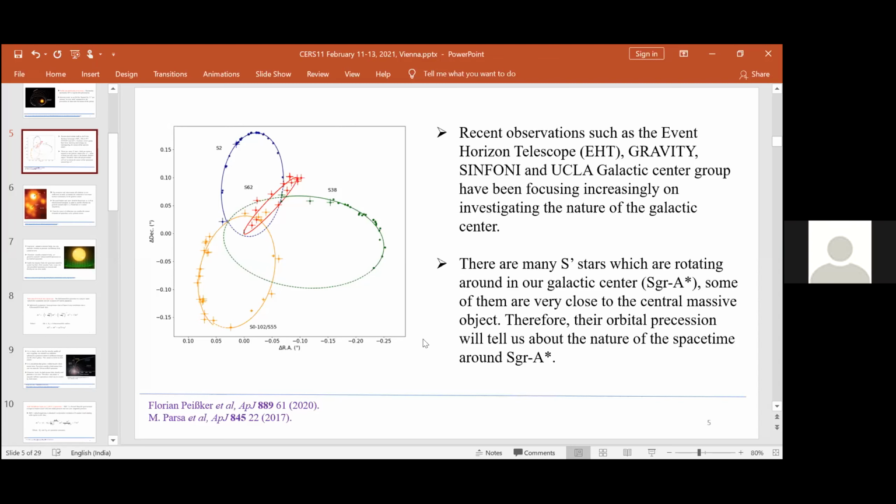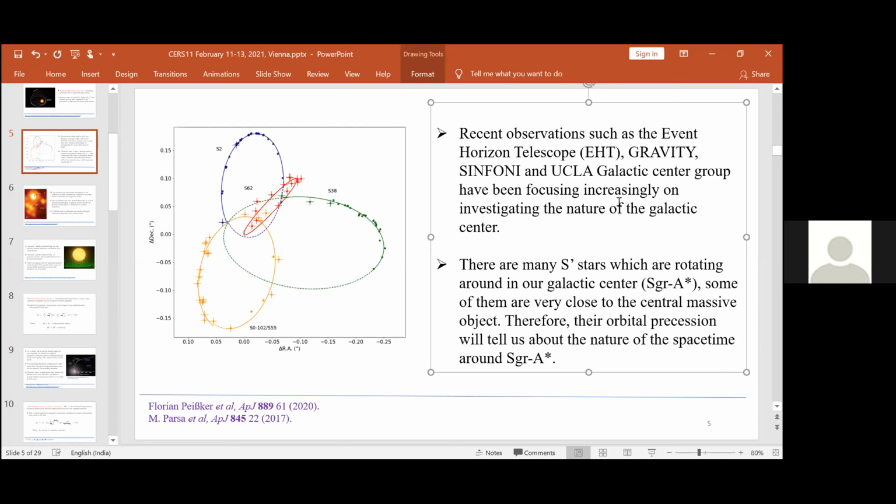Yes, probably the observation will give the rotation parameter. For Sagittarius A star at the galactic center, of course there must be some rotation. It is not static, and a slowly rotating object will differ in some orbits, and that's why I consider the Kerr black hole and deformed Kerr black hole.